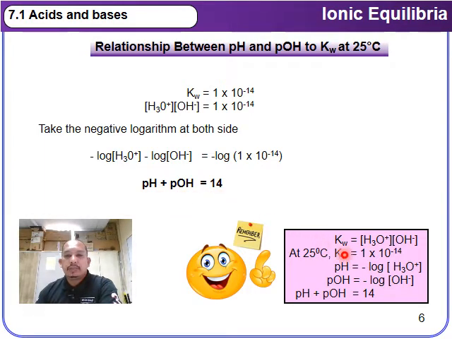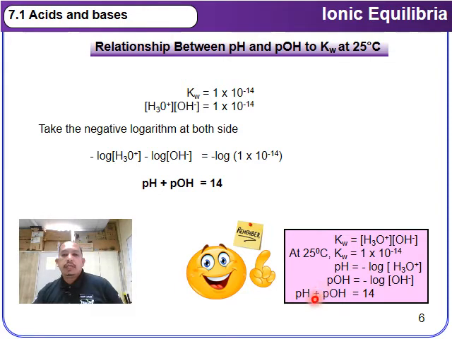Take note of this. Kw equals the concentration of H3O+ ion times the concentration of OH- ion. Kw equals 1 × 10^-14 at 25 degrees Celsius, and pH is the negative logarithm of the concentration of H3O+ ion, while pOH is the negative logarithm of the concentration of OH- ion.